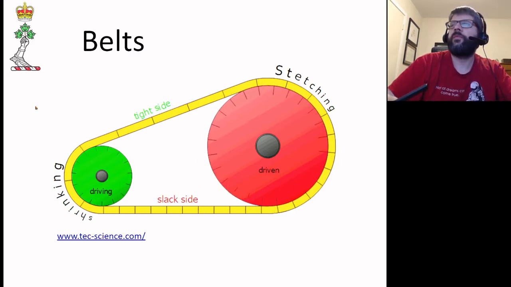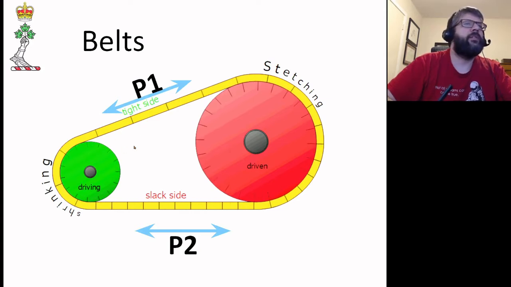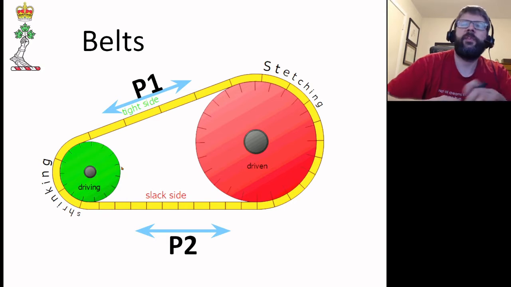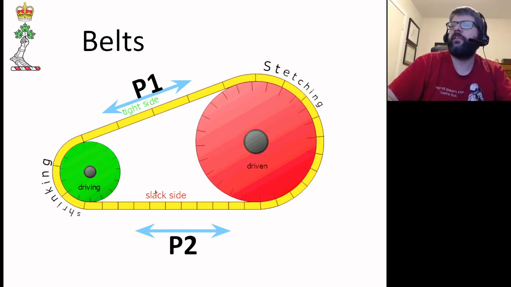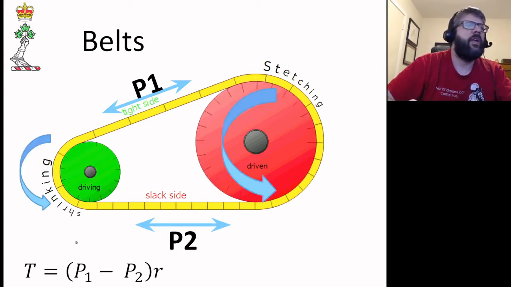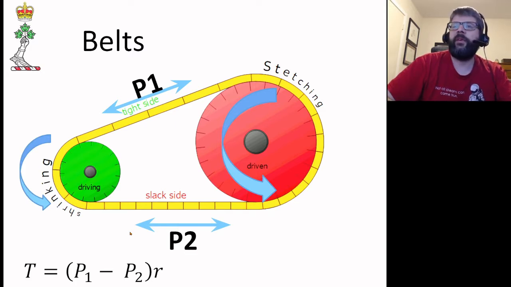So those have two different tensions, P1 and P2. P1 is the higher of the two tensions, and we're able to transmit a certain amount of torque due to that.